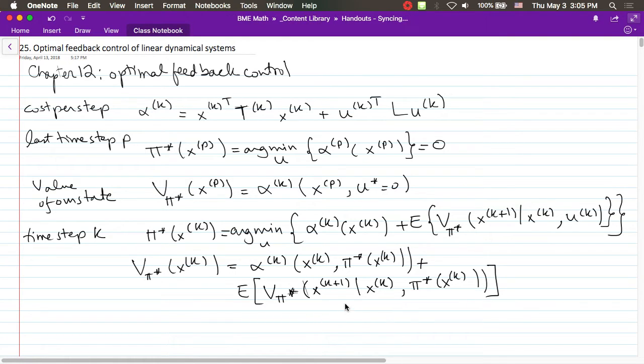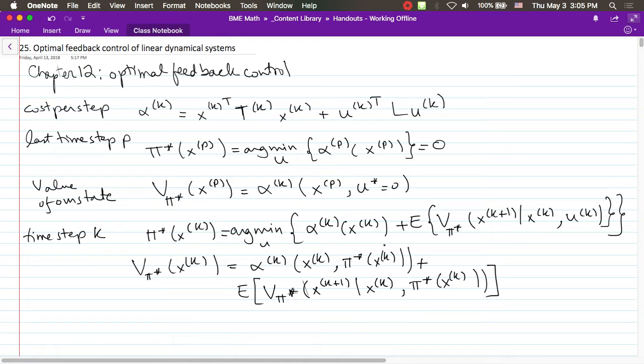So at every time point, we minimize a cost that is composed of cost per step and the value of the state that we're going to if we produce that action. Once we find the optimum action, then we assign a value to the current state that we're at, which is the cost per step plus the value of where we go to. In this way, at every time point, at every state, we keep track of the best possible scenario from now on. And that gives us a value function.